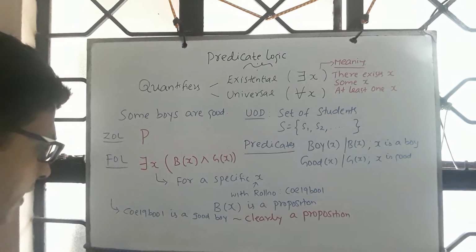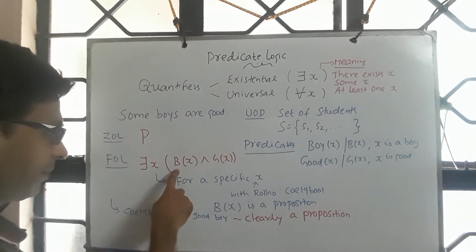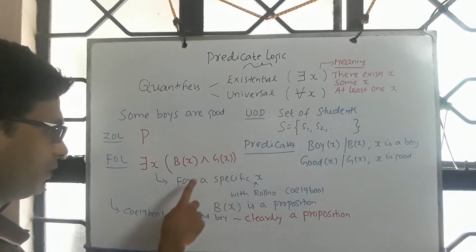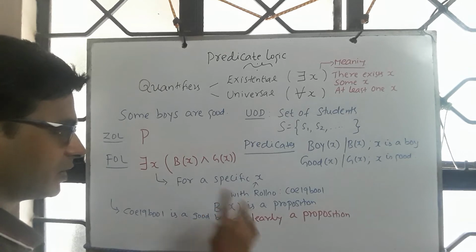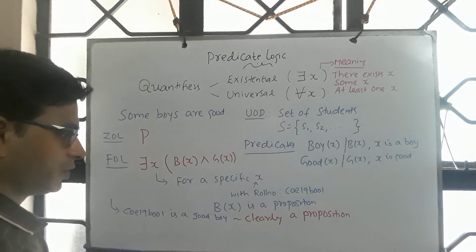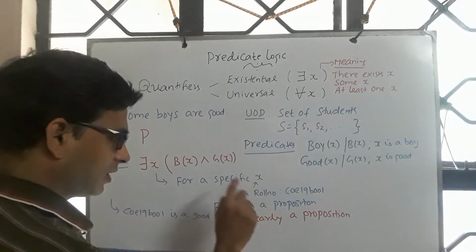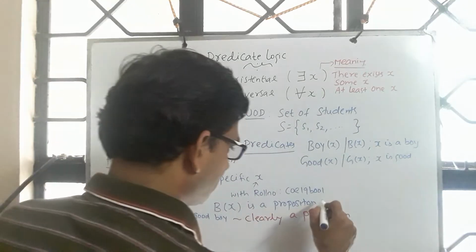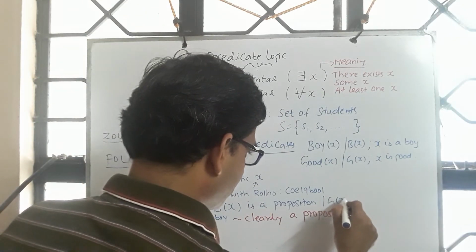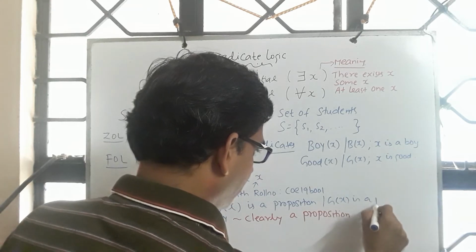So what is this telling you? The moment you instantiate a predicate using a specific X, the predicate becomes a proposition. So for a fixed X or a specific X, B of X is a proposition. Similarly, G of X is a proposition.